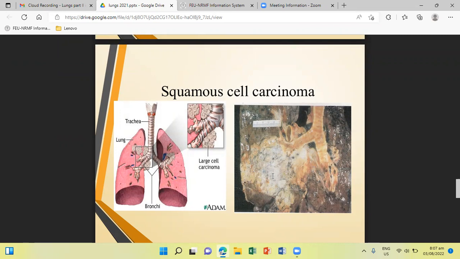But if it's small, you may have to do CT scan studies for better visualization. Here, this is your trachea and that's your right and left bronchi, and the mass is here. This is often what we call central in location because it is along the central airways. But as you can see in this unfortunate patient, it is already extending into the periphery of the lung.